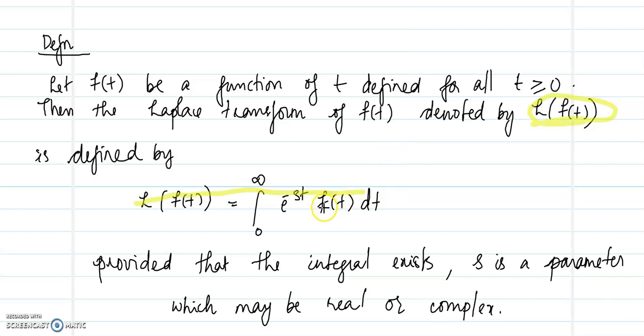As you can see, you have an integral with respect to the variable t, and here s is a parameter. So the value we get is in general a function of s. Your input function is a function of t, and this is your output value, which is a general function of s.